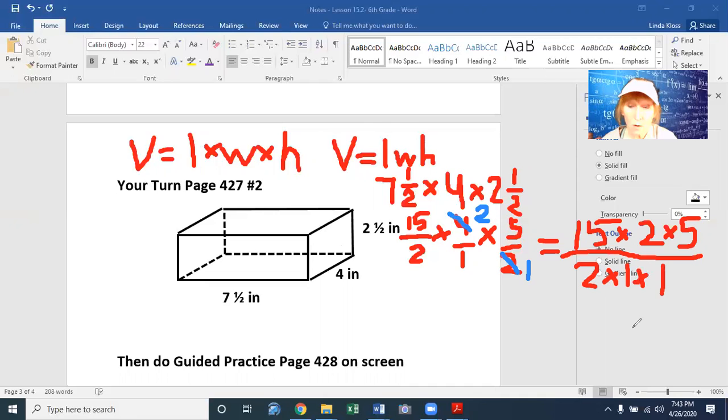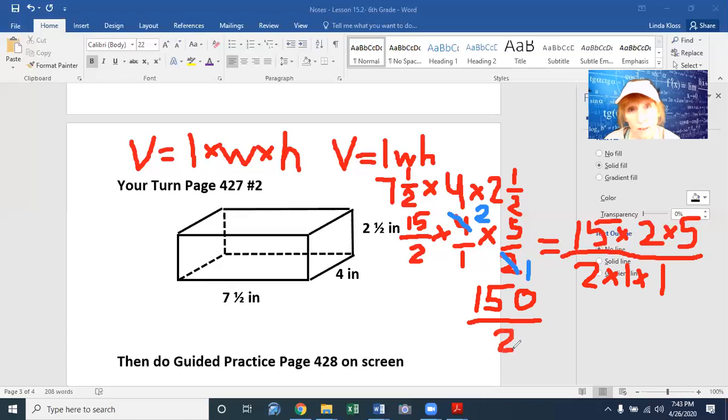And now we have to multiply that out. Well, 15 times 2 is 30. 30 times 5, 150. So 150 is my top number. And my bottom number is 2 times 1 times 1, or 2.